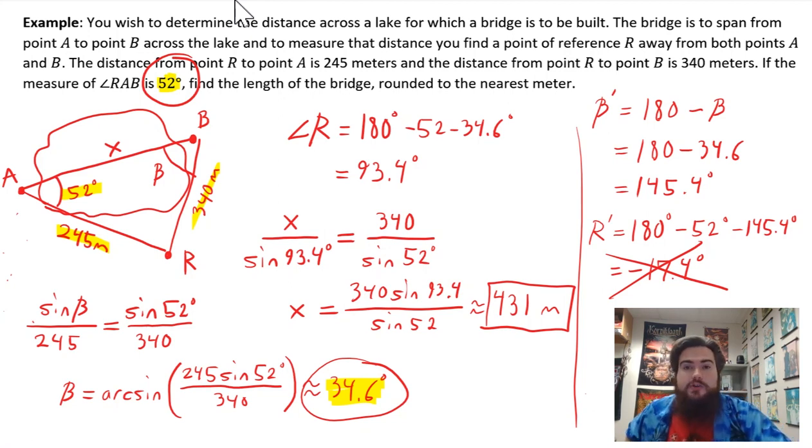If the angle measure that you solve for, the first one you solve for, is larger than the angle measure that you are provided, then there is another possibility. There will be another set of solutions. But, as shown here, if the angle measure that we solve for first for beta is smaller than the angle measure that you are provided, then you will only have the one possibility, which is what we had here.